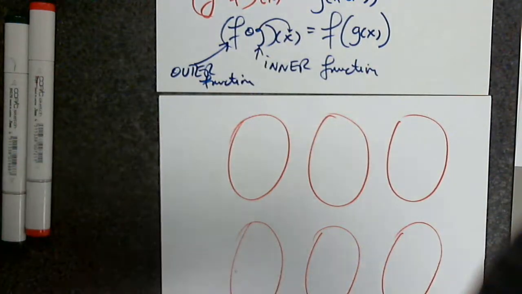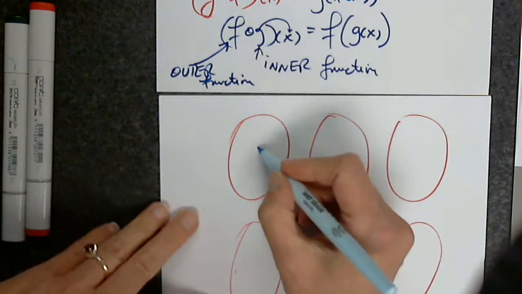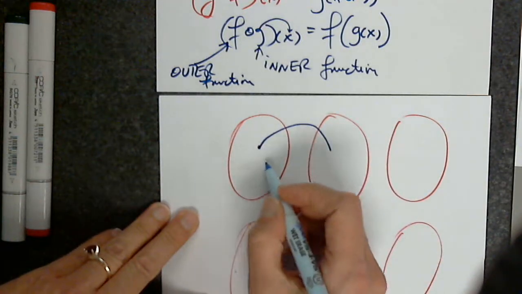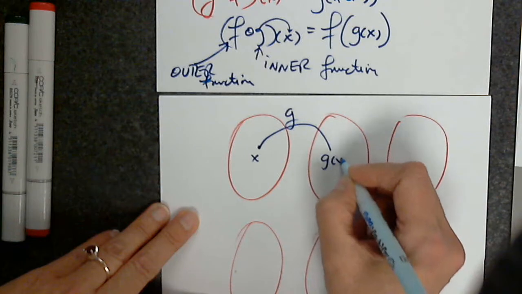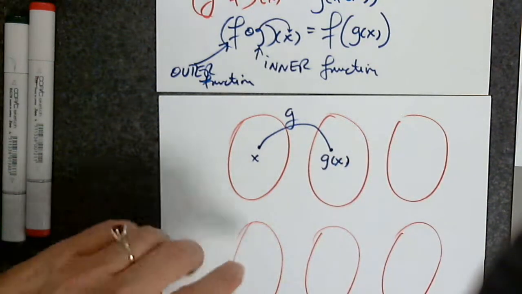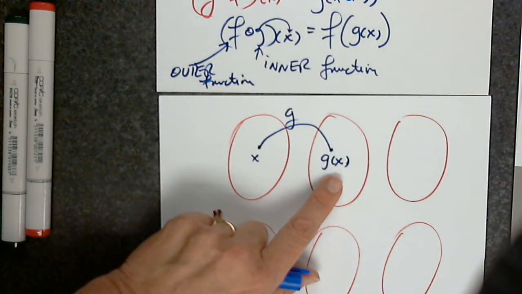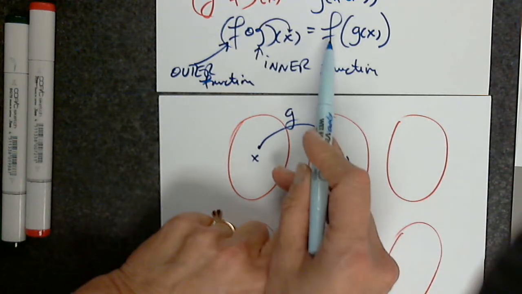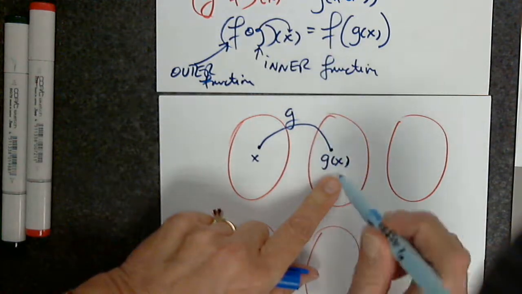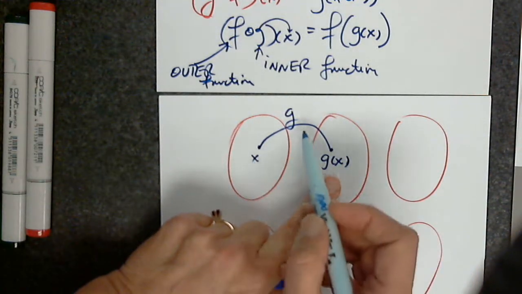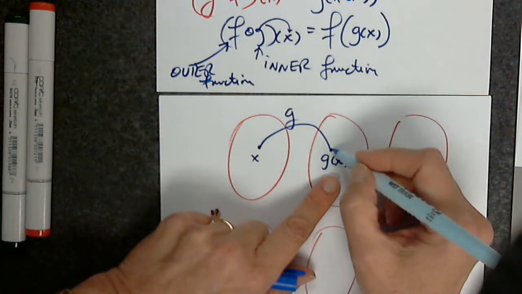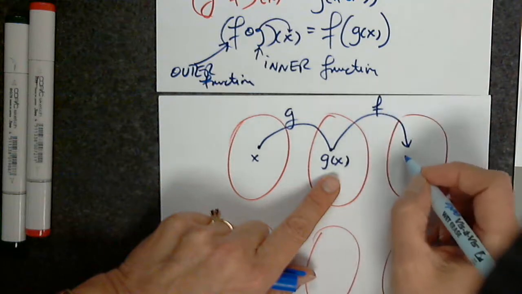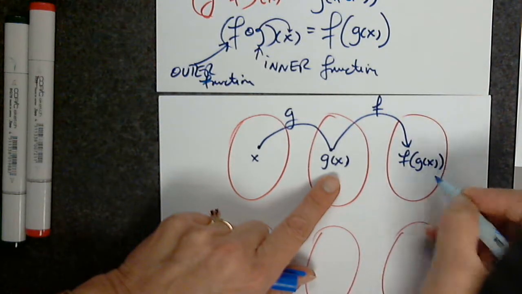G. So to this point, which is the domain of G, I apply G to get G of X. When I'm done and I got to this set, what function do I apply next? To this number. So if I have 5, I apply G to 5, and let's say I get 10. To 10, I apply function F to get F of G of X.